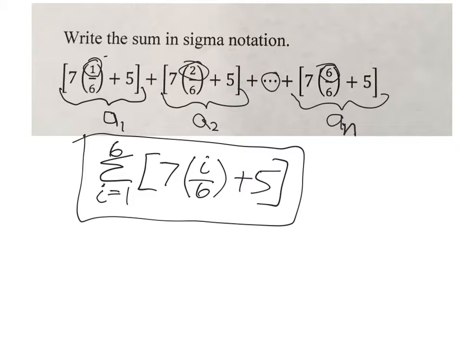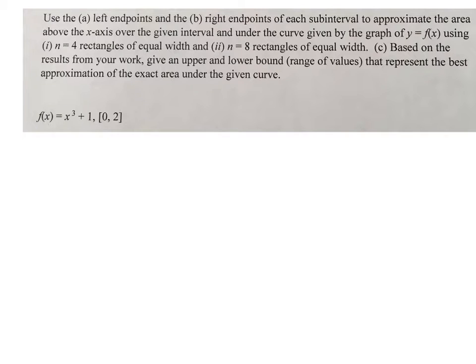So the next step after introducing the sigma notation, we're going to be looking at how we approximate the area under a certain curve. Now, the problems on your worksheet today will be stated like this. Well, the ones after the sigma notation. I'll throw in a few sigma notation for you.